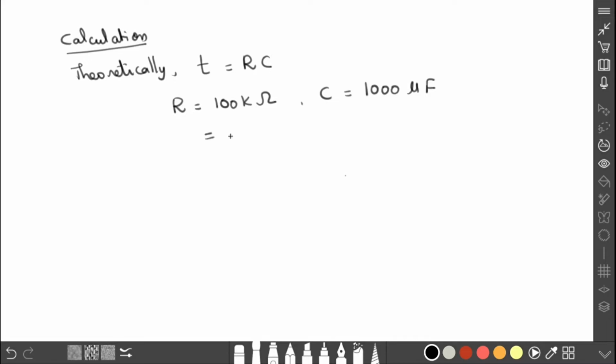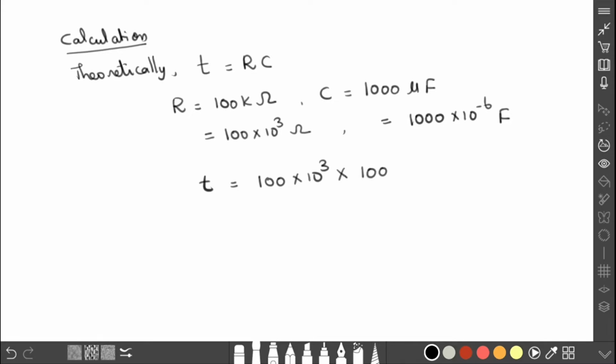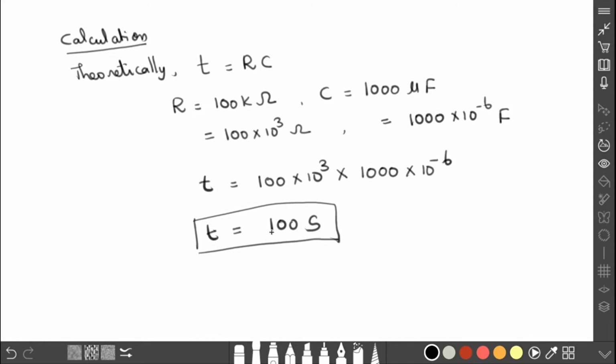So 100 kilo ohm means 100 into 10 power 3 ohm, and C is equal to 1000 micro, that is 10 power minus 6 farad. So T is equal to R, 100 into 10 power 3, into 1000 into 10 power minus 6. If you multiply this, we will get 100 seconds. So theoretically, we have to get T equal to 100 seconds.